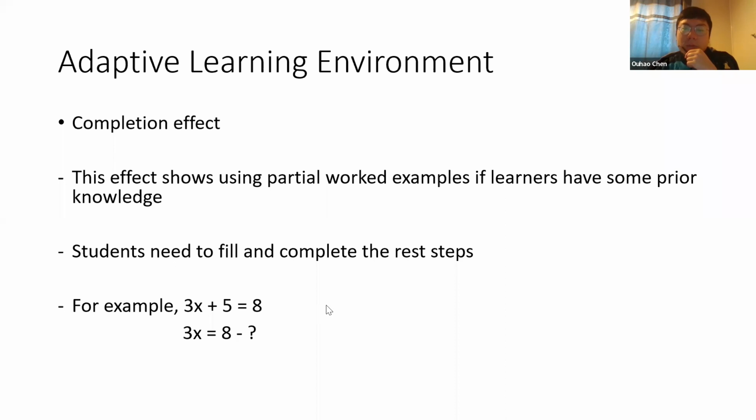So this is a partial worked example. Of course, you can always design the partial worked examples based on learners' expertise. If the learners have less prior knowledge, we can show more information. If the learners have more knowledge, we can omit more information. So this is the partial worked examples.